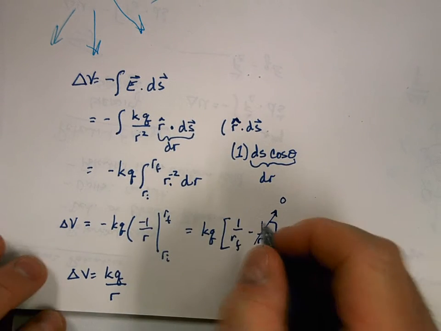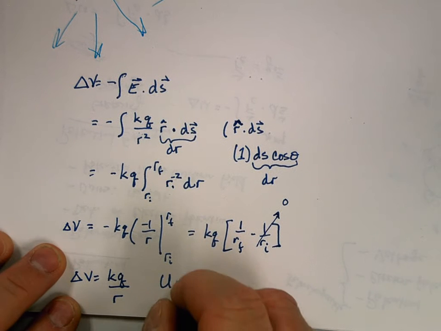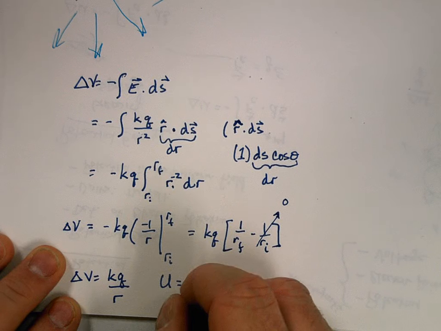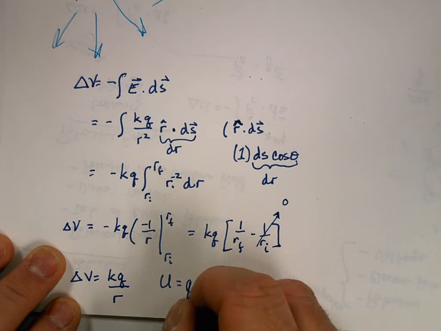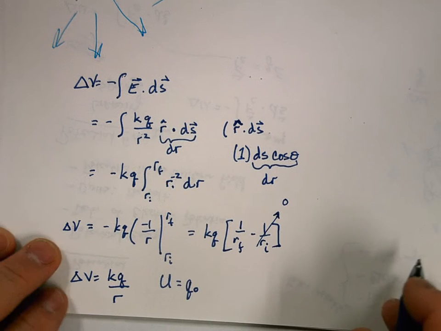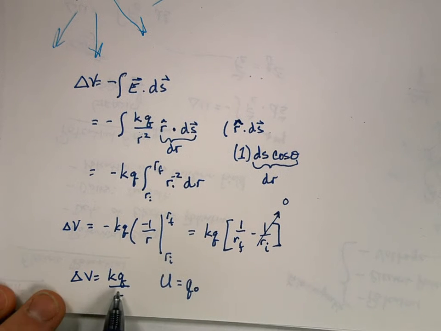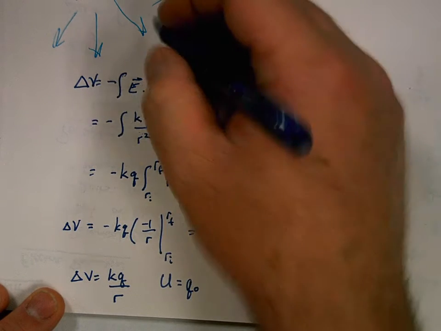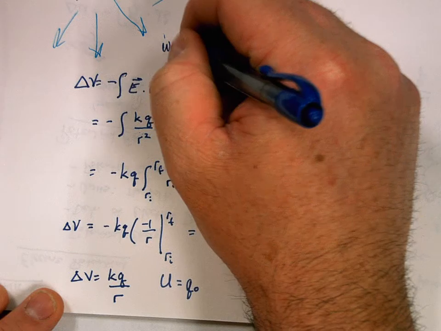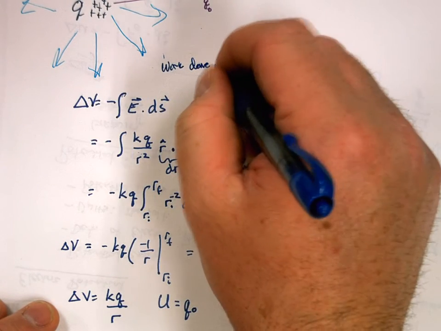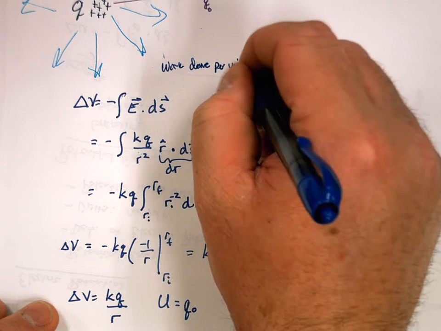Now our U, our potential energy, is equal to q naught, whatever that test charge is, times the potential. Because our potential is the work done per unit charge. We defined voltage as work done per unit charge.